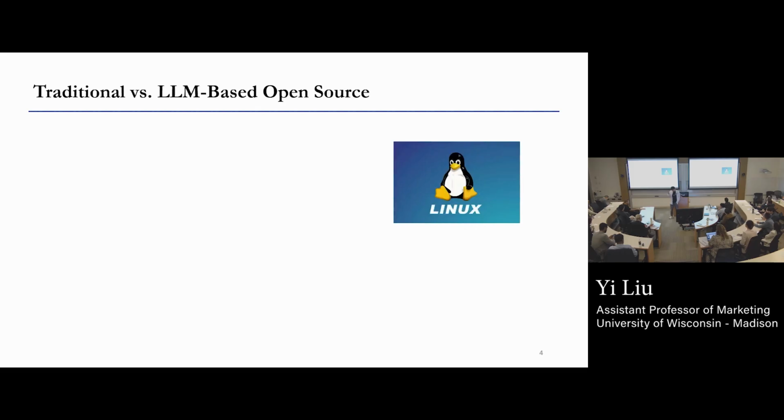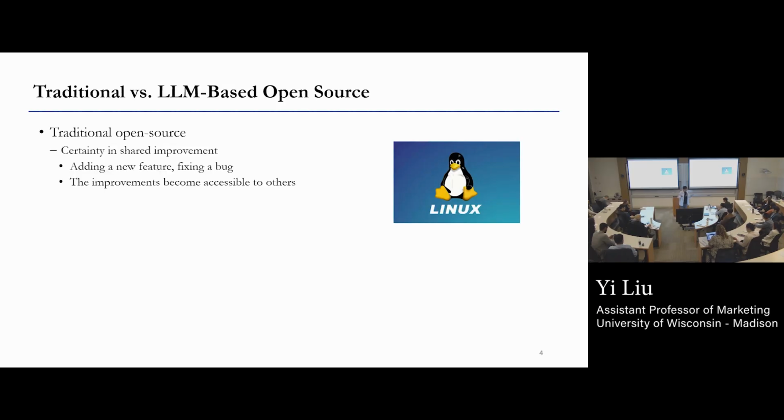And the reason why we are doing this work is we see there are some fundamental differences between traditional versus LLM or generative AI-based open source models. In the traditional open source model, we usually see some certainty in this kind of shared improvement. Because of the modularization, things are packed in different modules.